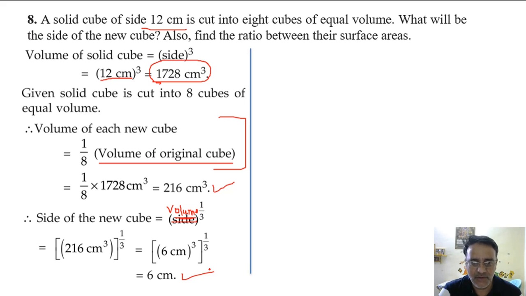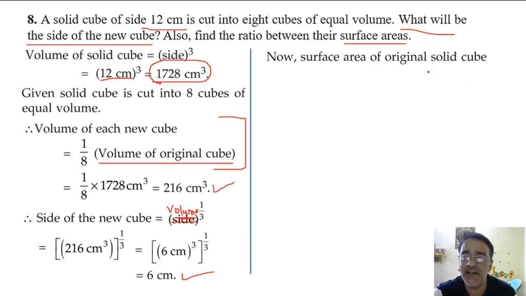Okay. So now the first part is over. What will be the side of the new cube? Now what is the formula of the surface area of one cube? I told you that if surface area is mentioned, that means it is total surface area. 6a square. Very good. Okay.